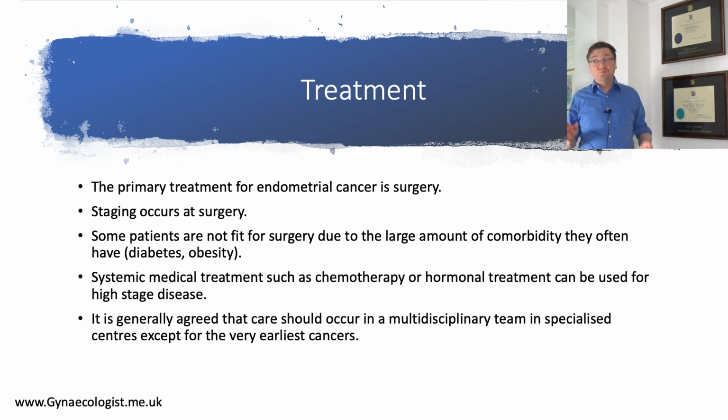Of course, staging really occurs at the time of surgery, but you can do a staging at the time of imaging to select people out in that situation. It's generally agreed that care should occur in a multidisciplinary team in a specialised cancer centre, except perhaps for very early cancers, which are perhaps grade 1 or stage 1A on MRI.